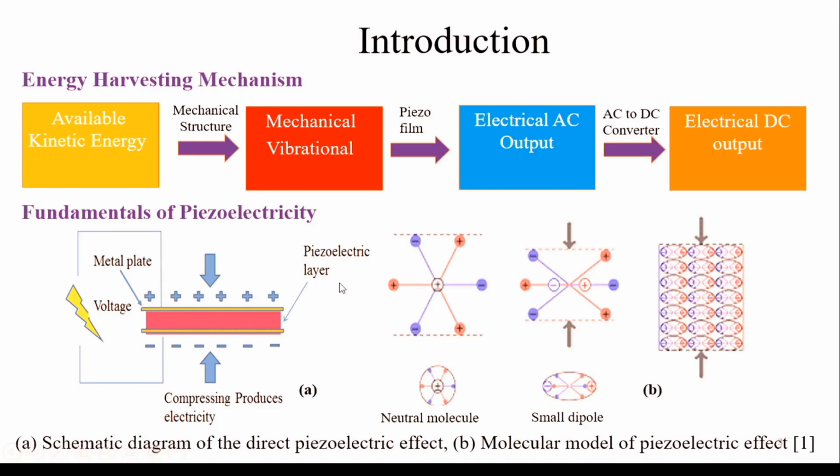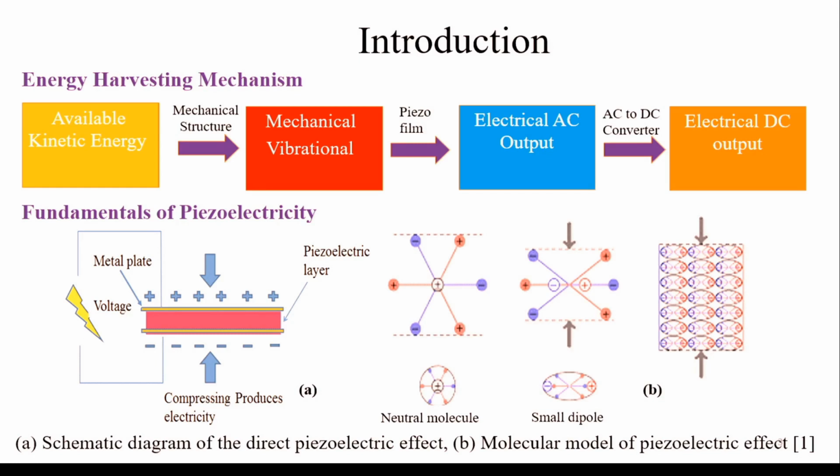Basically, vibrational energy harvesting is the conversion of any type of vibration, the kinetic energy available in the environment, to electrical energy. Building vibrations, bridge vibrations, railway track vibrations, even hand and wrist movements of the human body can be converted into electrical energy. So this is the process you can see.